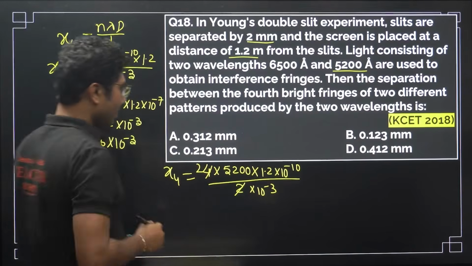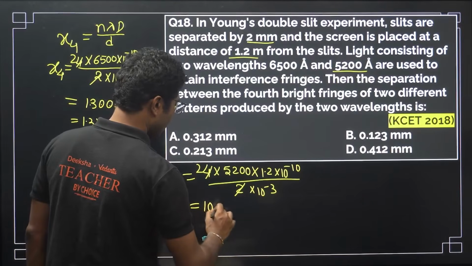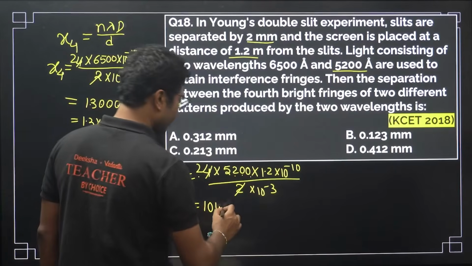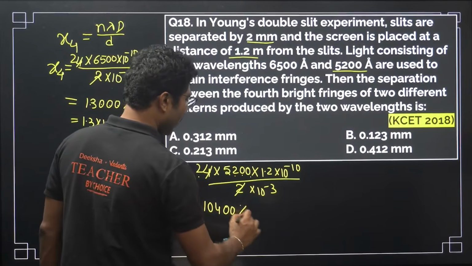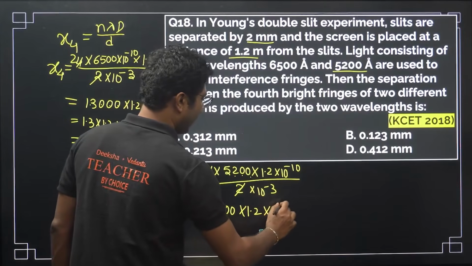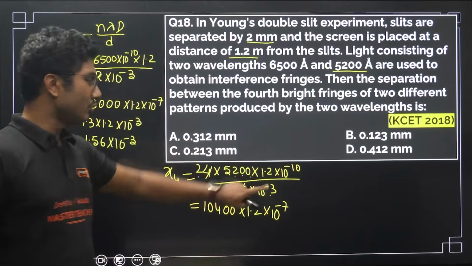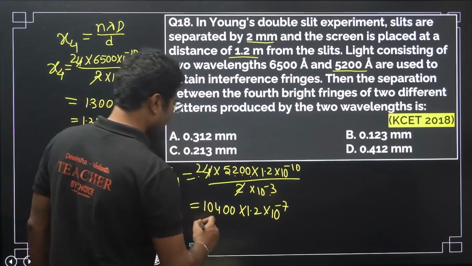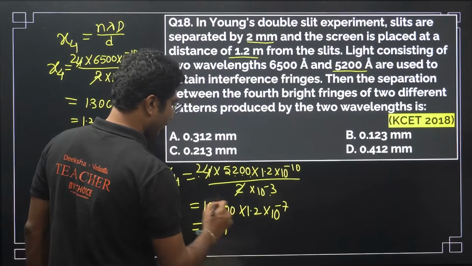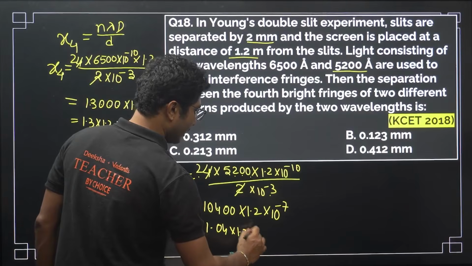You get 104. 2 into 52 is 104, and then we have two zeros, into 1.2 into 10 to the power of minus 3 plus 10, minus 10 plus 3, it will go up and become plus, that's why it is minus 10. It will be 1.04 into 1.2 into 10 to the power of minus 3.